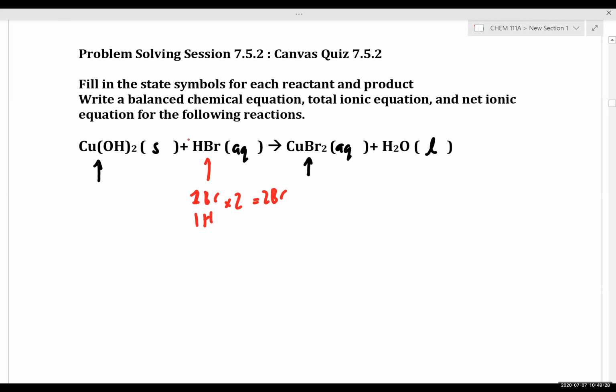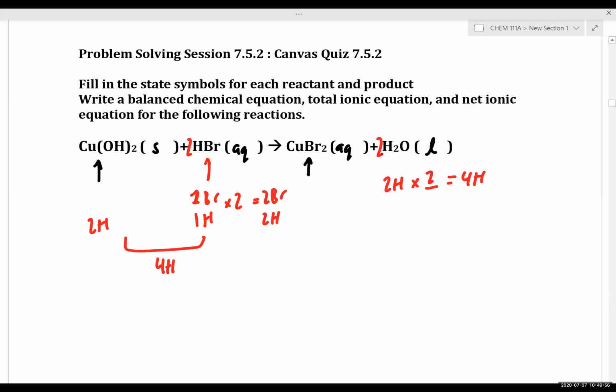So we need a coefficient of 2. Okay. So adding up our hydrogens, that in turn gives us 4 hydrogens on the left. So if we have 2 hydrogens on the right, 2 times what would give us 4? What coefficient do we need for water? 2.